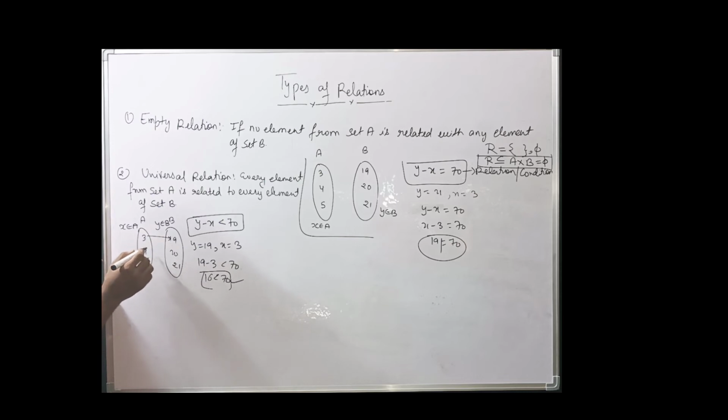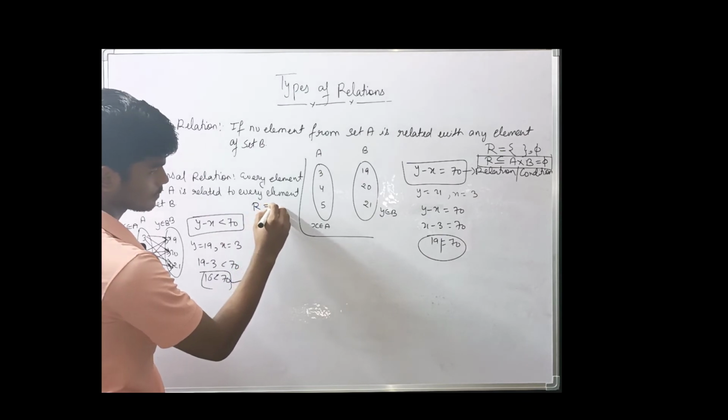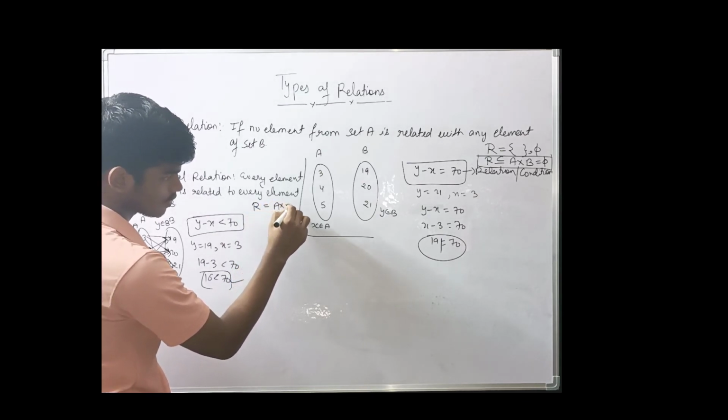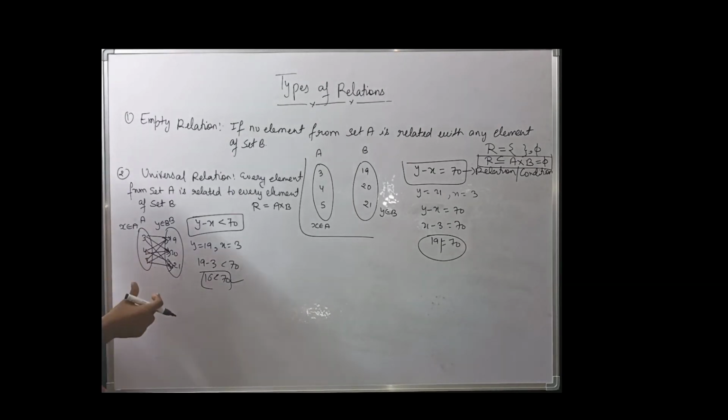So you can say there is some relation between these two elements, because the difference will give you 60, which is less than 70, or 80, less than. So you see, all of the elements of set A are related to all elements of set B. That is the meaning of universal relation. Again, this will be what? All the elements, A cross B. If I define a relation between these two sets, what is the maximum number of elements we can have?